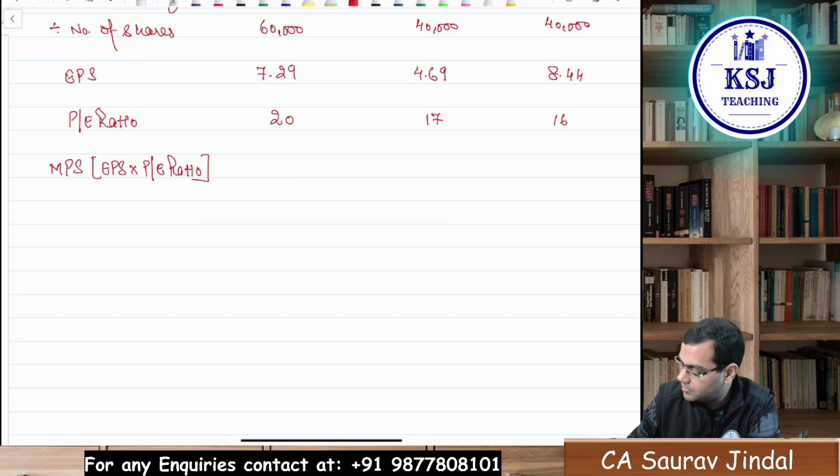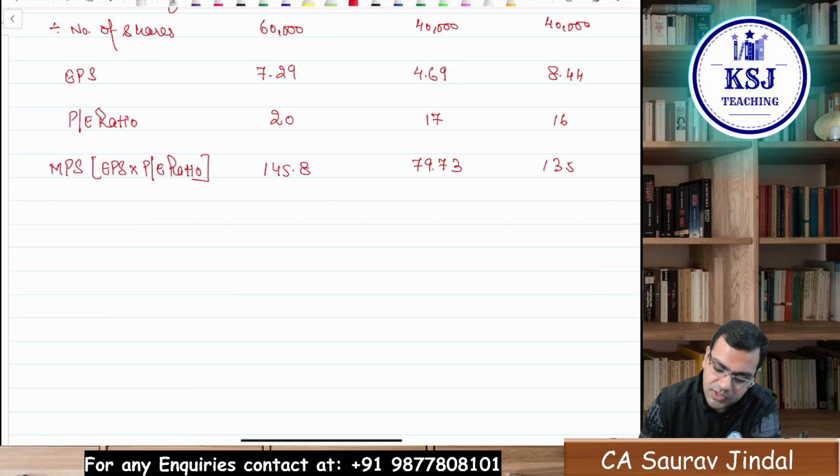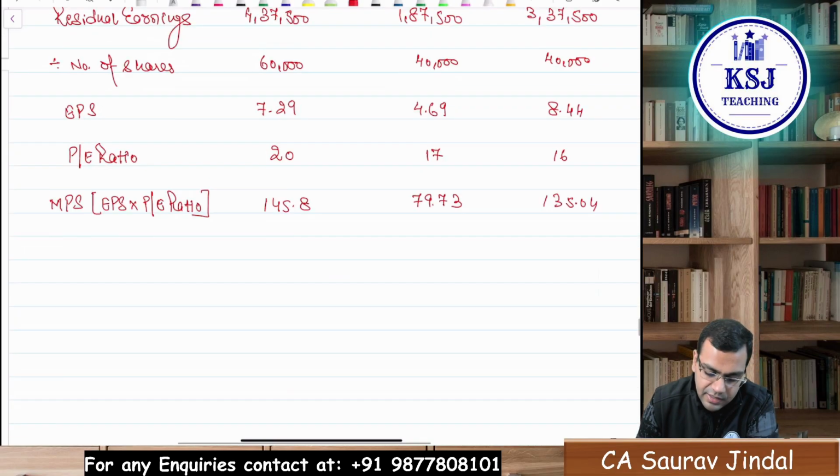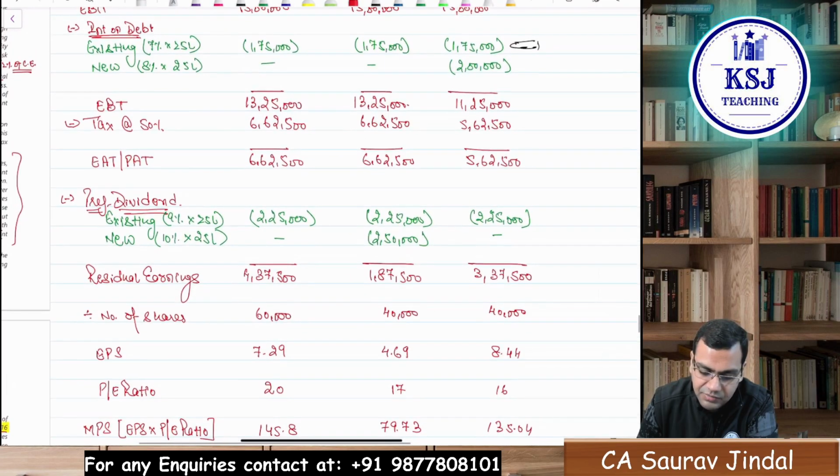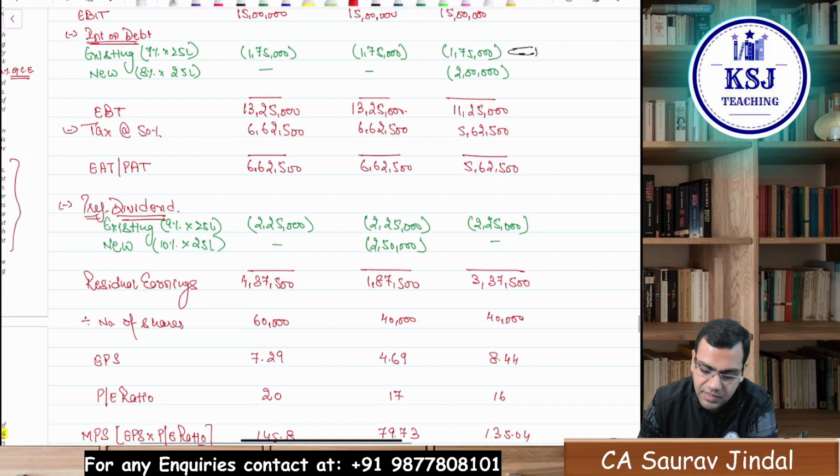So that will be 7.29 multiplied by 20, that comes to 145.8. Then it is 4.69 multiplied by 17, that comes to 79.73. And last one is 8.44 multiplied by 16, that comes to 135.04.